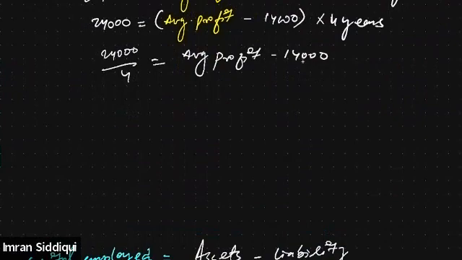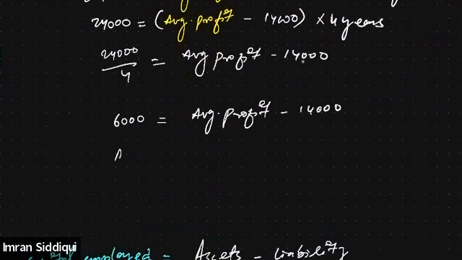So this will be 6,000. 24,000 divided by 4 will be 6,000. Average profit minus 14,000. That means average profit will be how much? Tell me, anyone? 20,000. Yes, 6,000 plus 14,000.